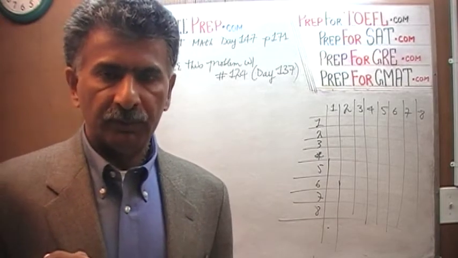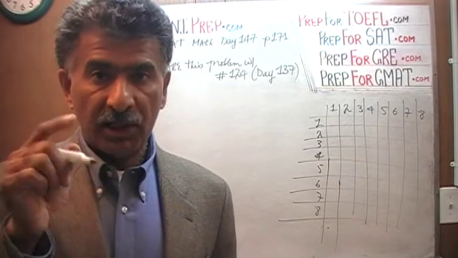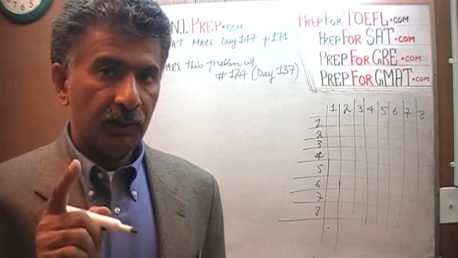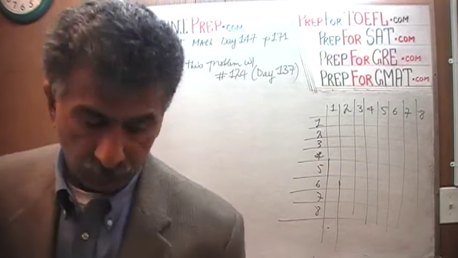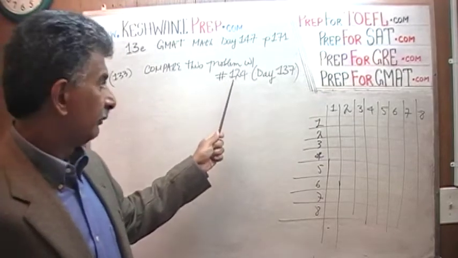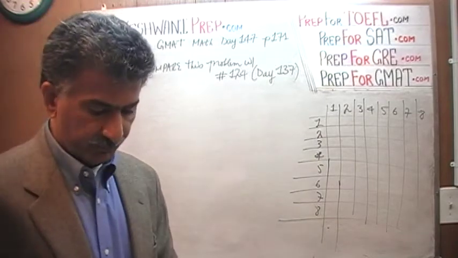And we were asked how many cells would be filled up if we were to show in a chart the distance between 30 cities. If you recall that problem, and if you have not watched that video, I want you to pause this video right away and watch that video first. Problem number 124 on day number 137.